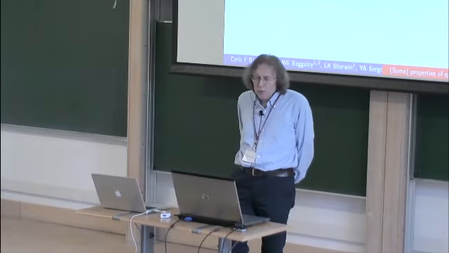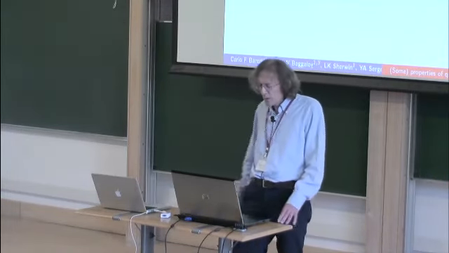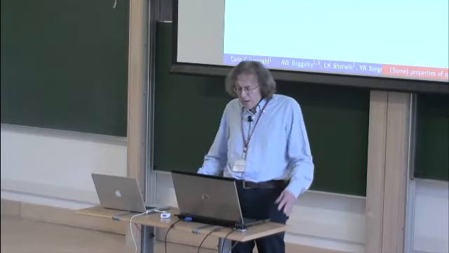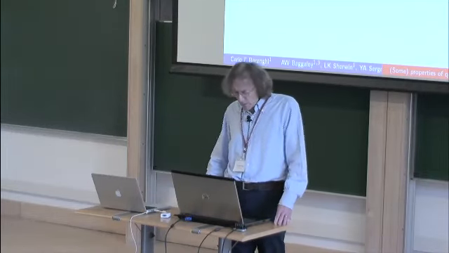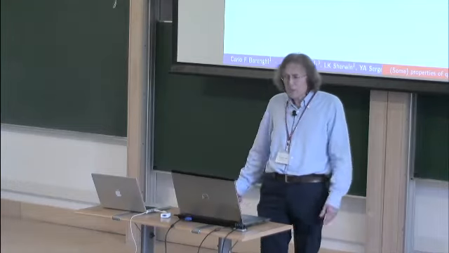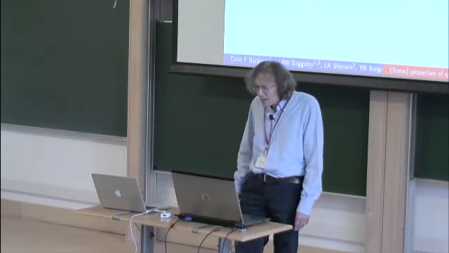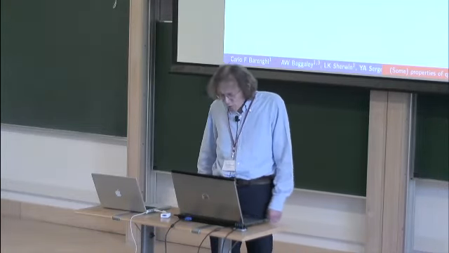And I'll try to draw some comparisons with ordinary turbulence and see how we can learn a bit from quantum turbulence and make sense of what we know already about ordinary turbulence. So deconstructing, essentially, turbulence.